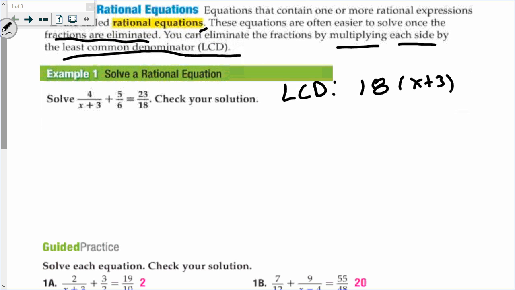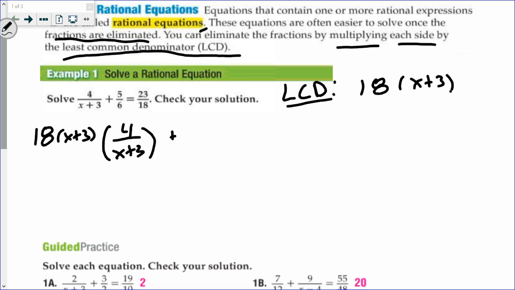Now, once we have the least common denominator, we need to multiply each fraction by it. So 18 times x plus 3 is going to be multiplied by 4 over x plus 3, plus, again, we're going to multiply 5 over 6 by 18 times x plus 2.